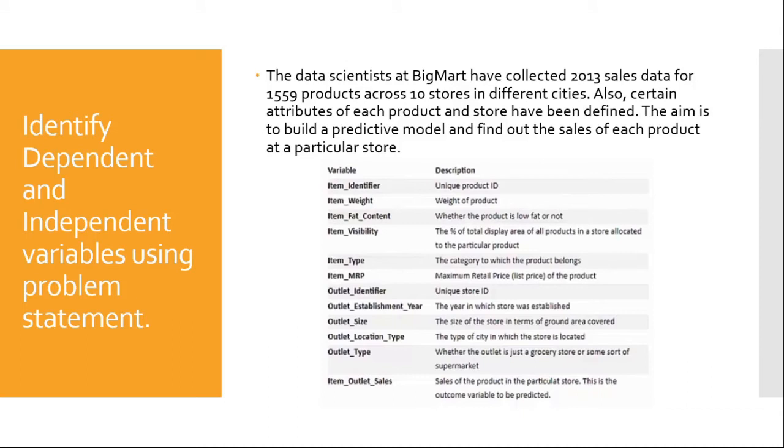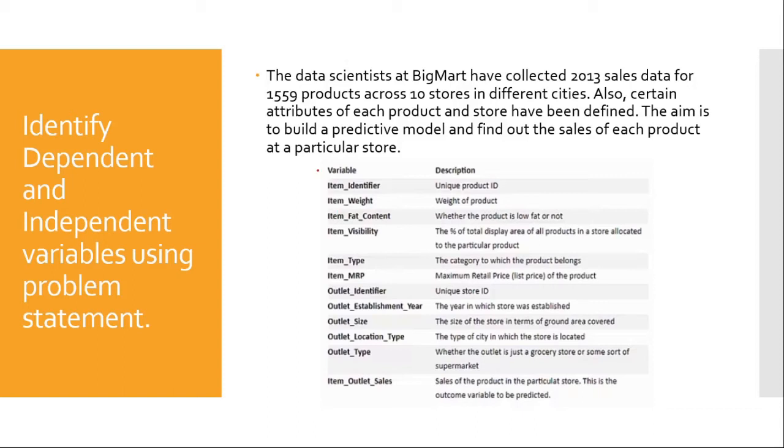Alright. So now let's go through this problem statement. There is sales data from Big Mart collected in 2013, and they have sold 1,559 products across 10 stores in different cities. And now the aim is to build a predictive model and find out the sales of each product at a particular store.